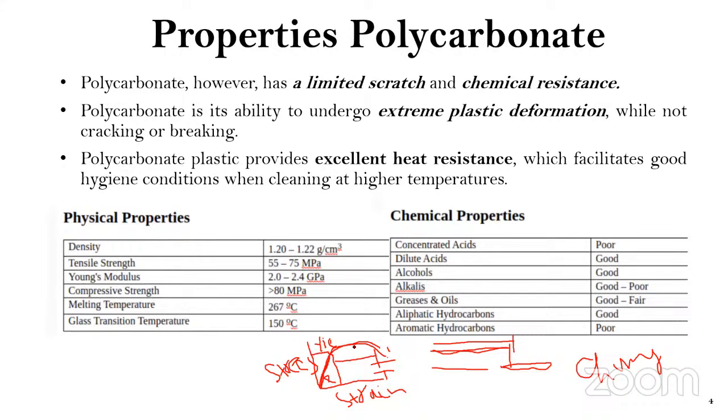So that is what is written over here: polycarbonate has the ability to undergo extreme plastic deformation without cracking or breaking. It means directly it will break into two pieces.